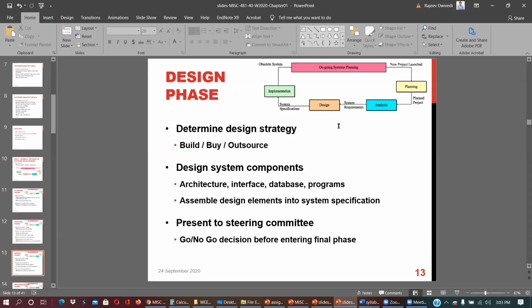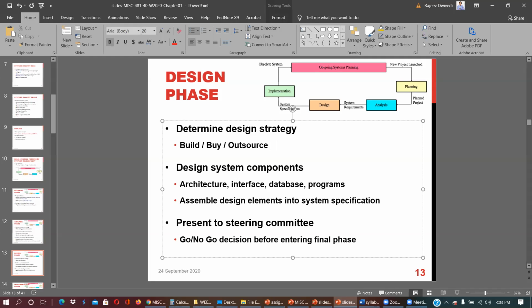And like ERP implementation across the world. So who are the vendors nowadays for ERP? Oracle, SAP, and some other companies are there.